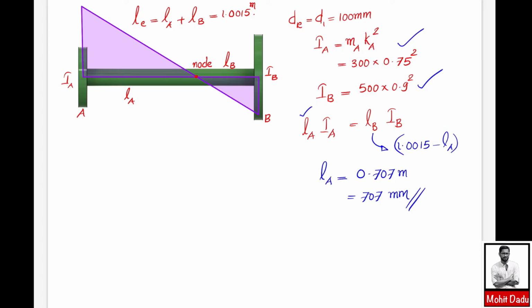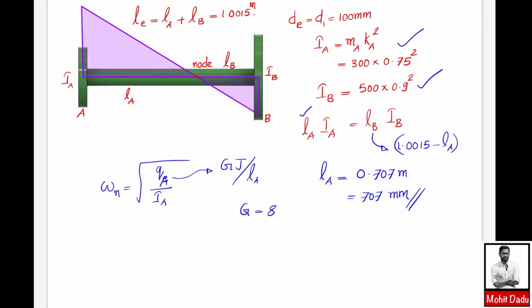Before that, we have to find the frequency of the natural vibrations of this system, frequency of this torsional vibration of the system. For that, you can calculate omega n is equal to square root of q equivalent, q of this first part A divided by IA. So this is corresponding to the one side of the node with respect to the rotor, and this you can evaluate by G into J divided by LA. So G value is given in the question.